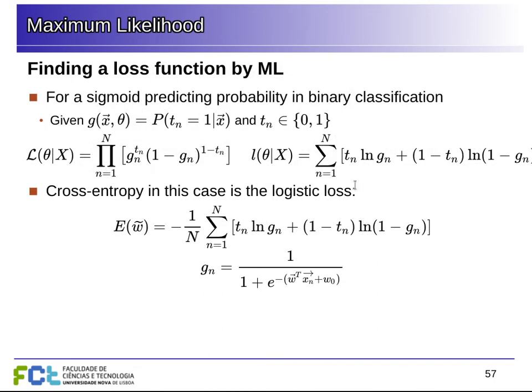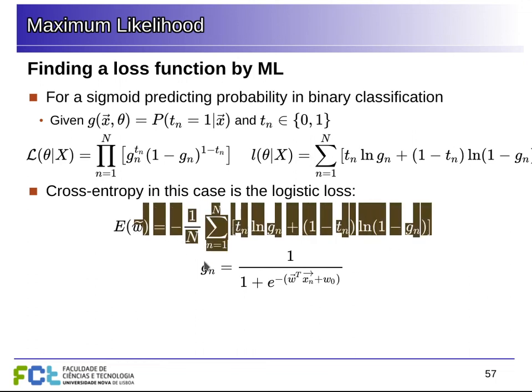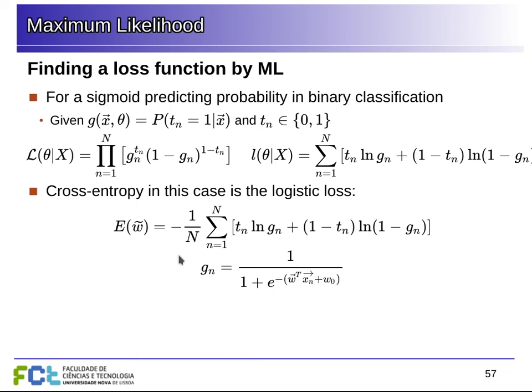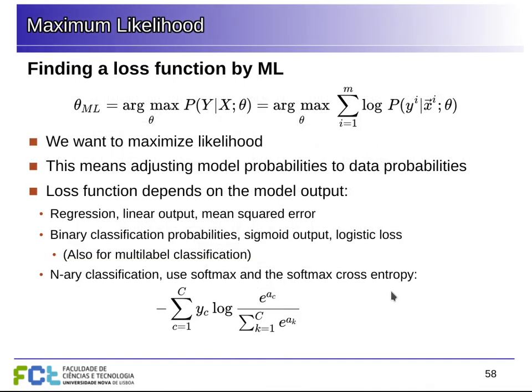If we use a sigmoid activation function to predict the probability in binary classification, then by applying exactly the same principle, we have this logistic loss function that we're trying to minimize, where the g function is the sigmoid. If we have multi-class classification, then applying the same principle, but now with a different activation function, which is softmax, we get this softmax cross entropy loss function.